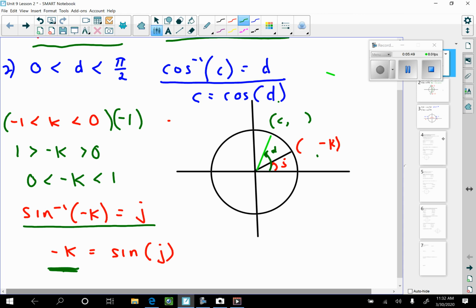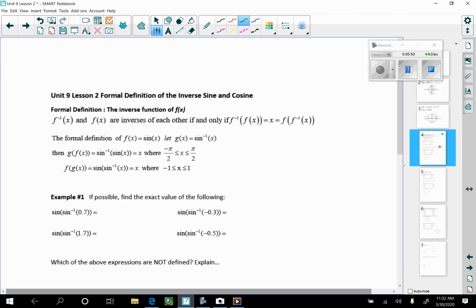In Unit 9, Lesson 2, if I skip to this particular slide here, we're talking about the formal definition of the inverse sine and inverse cosine, which is going to flow from the informal definition, which was Unit 9, Lesson 1. We're going to look at the formal definition of the inverse of f of x.